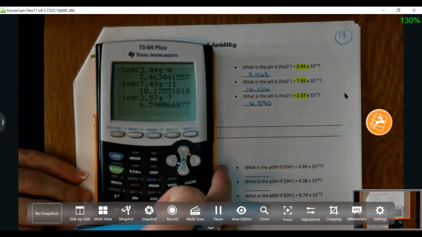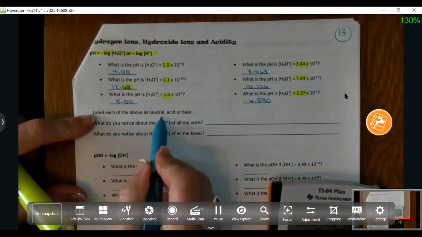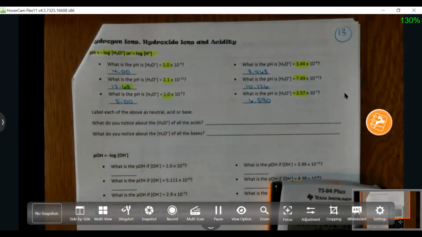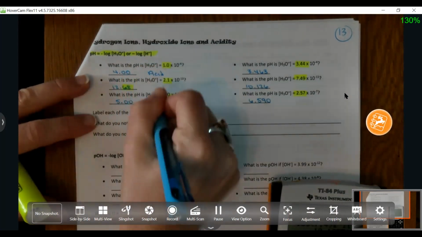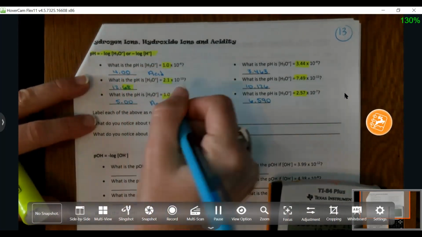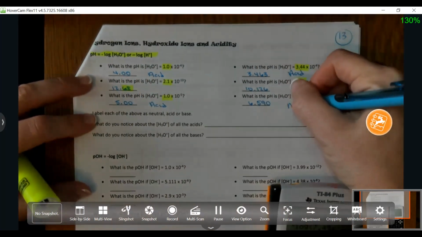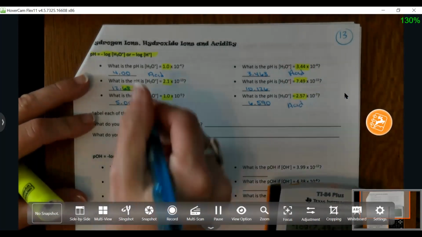Okay, now next thing it says label each of the above as neutral, acid, or base. So remember, if it has a low pH less than 7, it's an acid. So that one's an acid, this one's an acid, this one's an acid, and this one's an acid. If it has a high pH greater than 7, it's going to be a base.